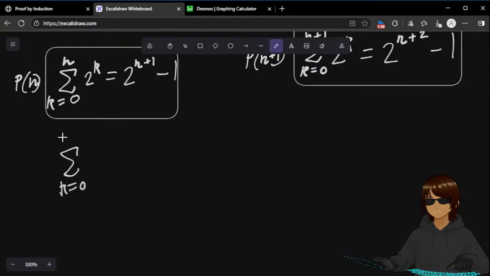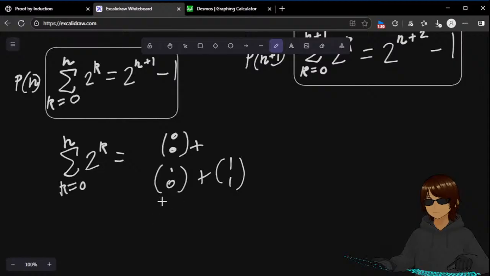The sum from k equal to 0, 0, plus it with. I don't know if this is the right answer.